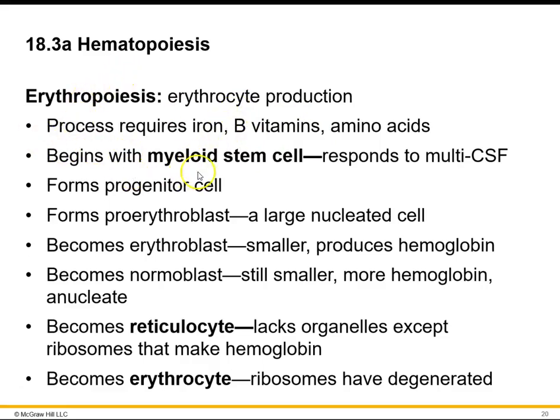Remember, red blood cells come from the myeloid stem cell, the myeloid line, and it's going to respond to different colony-stimulating factors until it becomes a reticulocyte. A reticulocyte is going to lack organelles except for ribosomes, and then that reticulocyte is going to lose its ribosomes and finally become an erythrocyte.